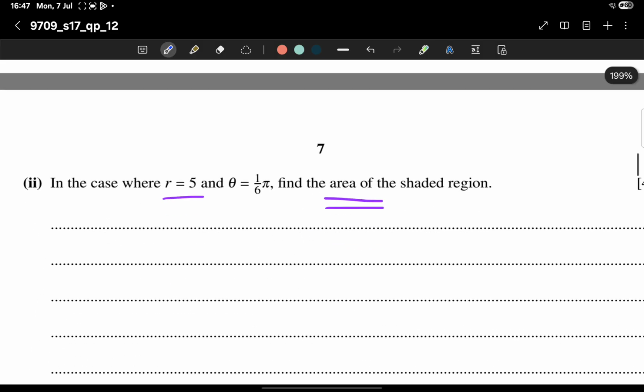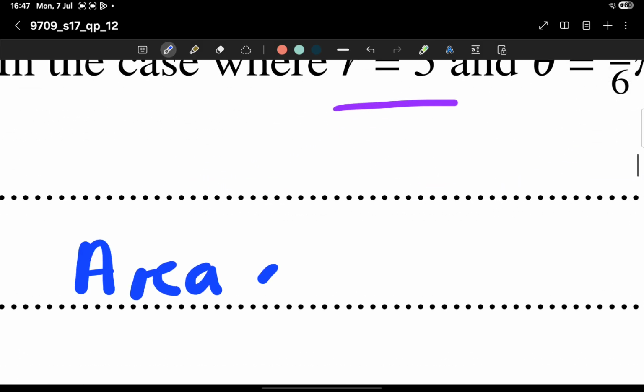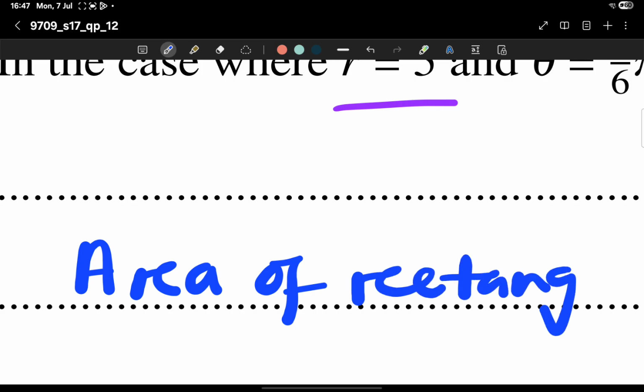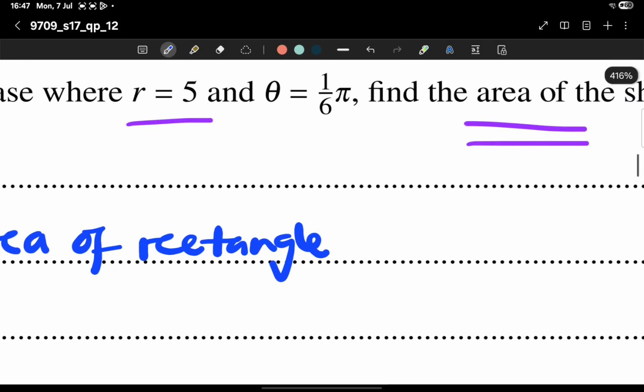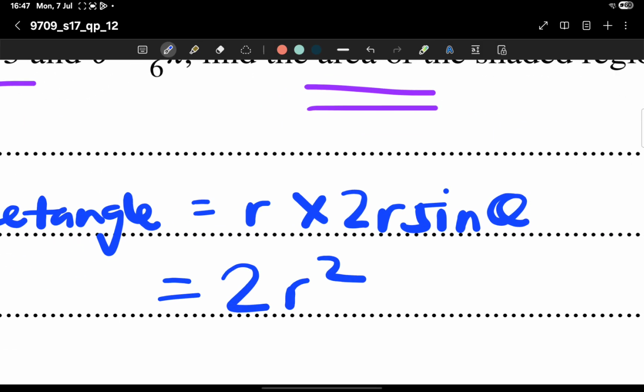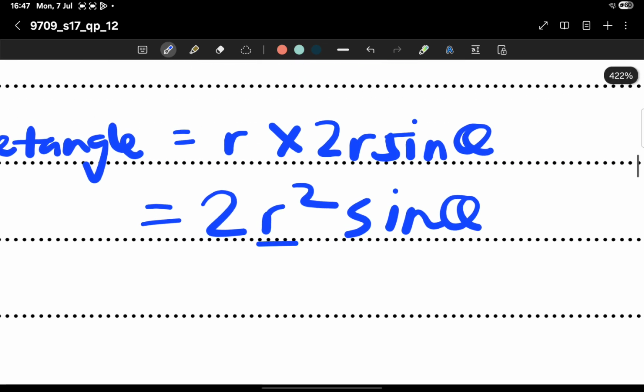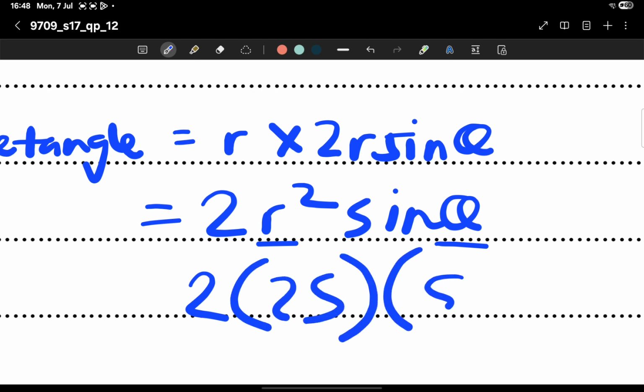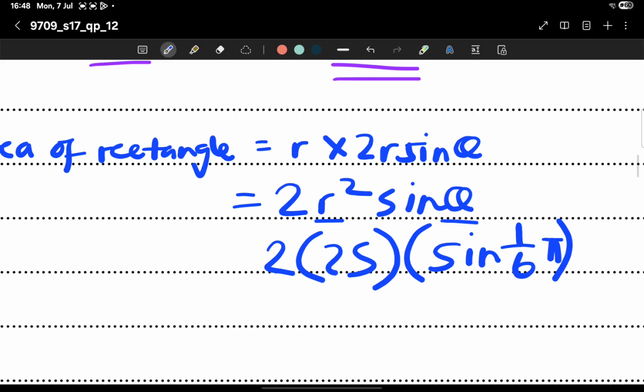So the area of the rectangle will be equal to r times 2r sine theta, and that will be 2r squared sine theta, and we know r is 5 and theta is 1 over 6 pi, so it's 2 times 25 from 5 squared times sine 1 over 6 pi, like that, and that gives us 25.